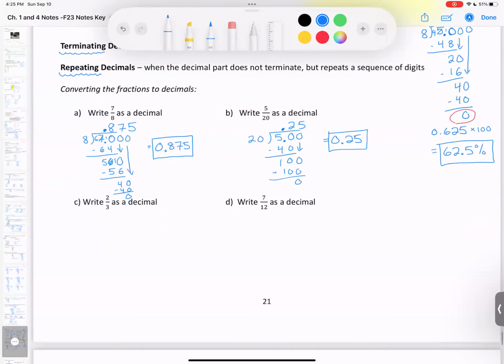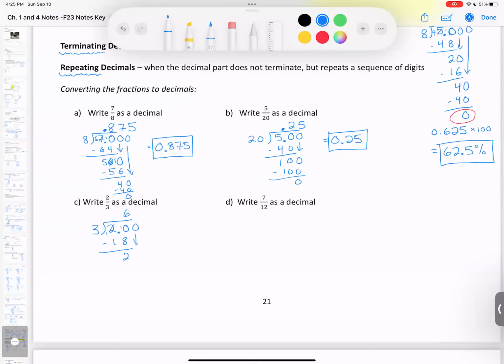All right, let's try 2 over 3. So that's the same thing. That means 2 divided by 3. So we'll add our decimal and 0 there. 3 can go into 20, how many times? 6 times for 18. And we have 2 left over.